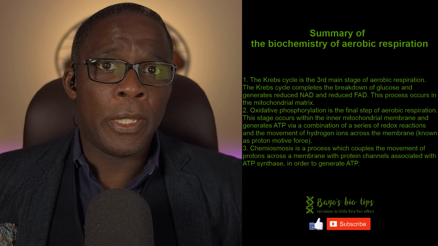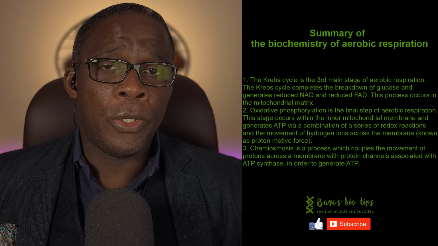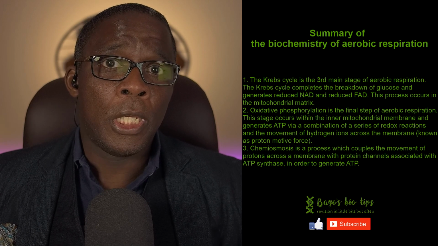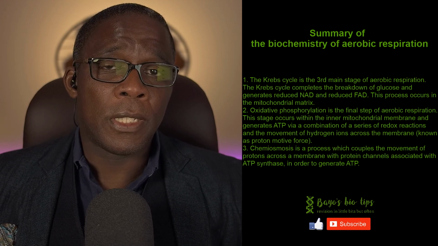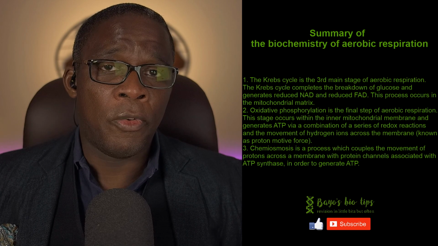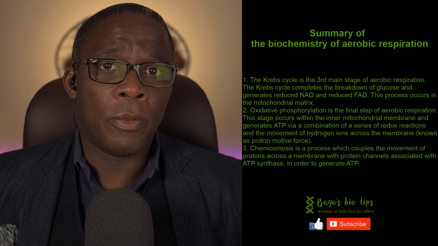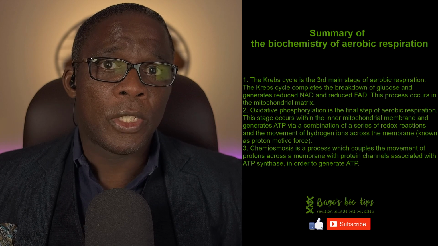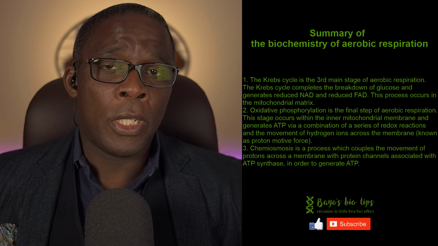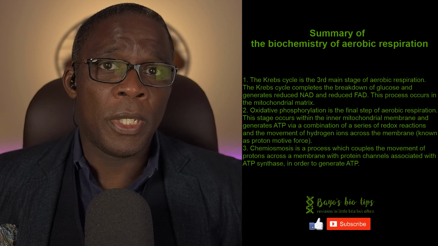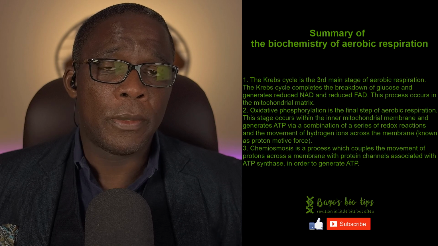That ATP is then used to actively pump hydrogen ions, protons, into the intermembrane space. That's the space in between the outer membrane of the mitochondria and the inner membrane, the cristae of the mitochondria. As such, that buildup of hydrogen ions leads to a drop in the pH in the intermembrane space.